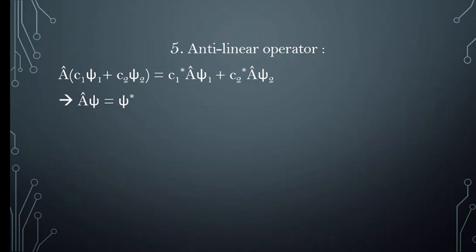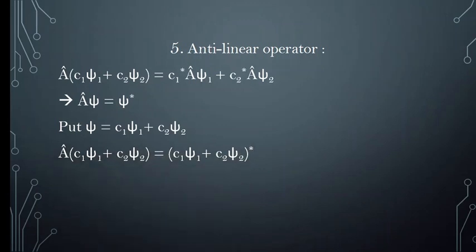Again let us see how it is going to be operated. We are considering one equation: A cap operating on a wave function xi gives xi star. Again putting xi equal to c1 xi1 plus c2 xi2 and substituting in the above equation, we get A cap into c1 xi1 plus c2 xi2 equal to c1 xi1 plus c2 xi2 whole star.